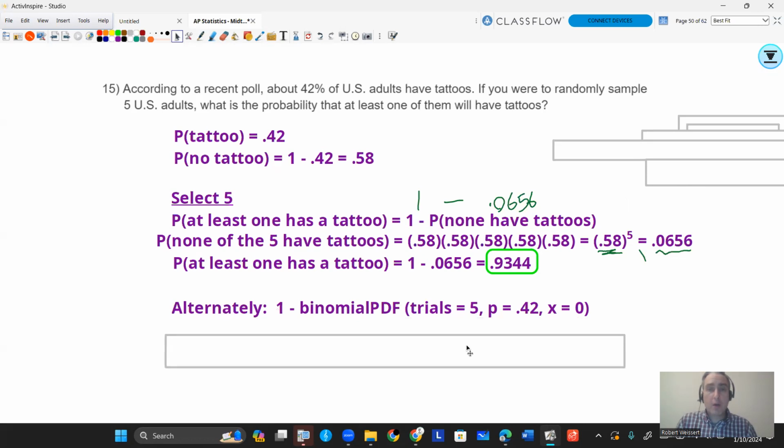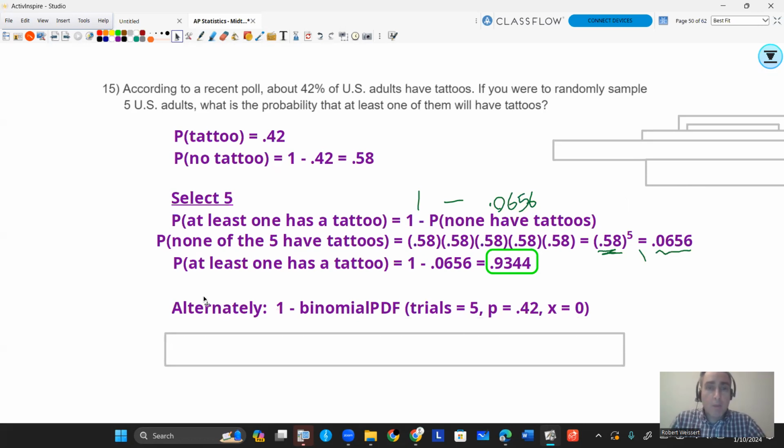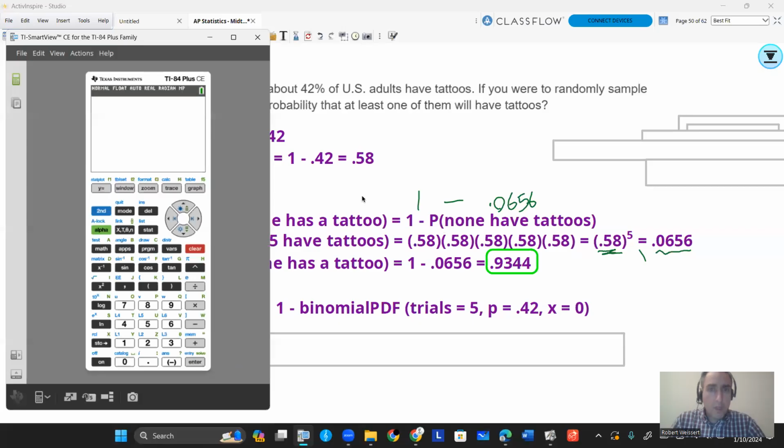You can also use a binomial. Let me pull up my calculator so you can see how I input that. If you want to use a binomial, which is actually part of Chapter 6, but since you likely have learned Chapter 6, you can get away with doing it this way too. For a binomial, what you'll do is you'll do second vars, binom, and you can actually do CDF or PDF.